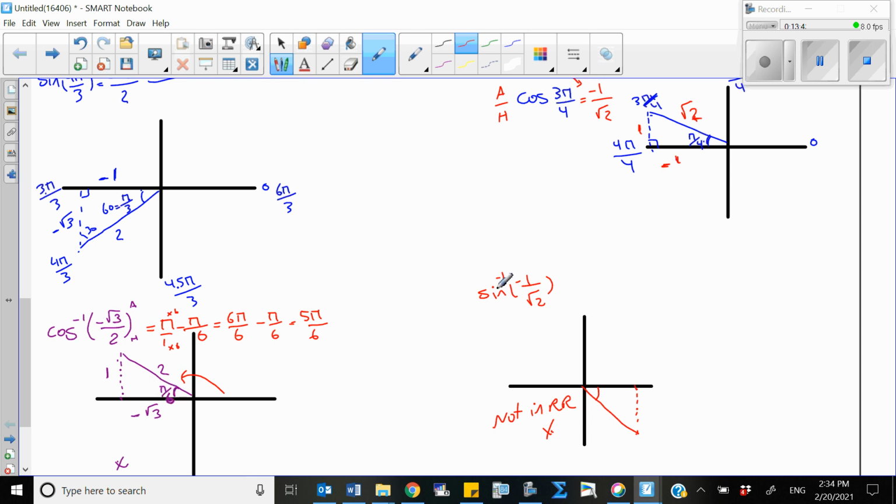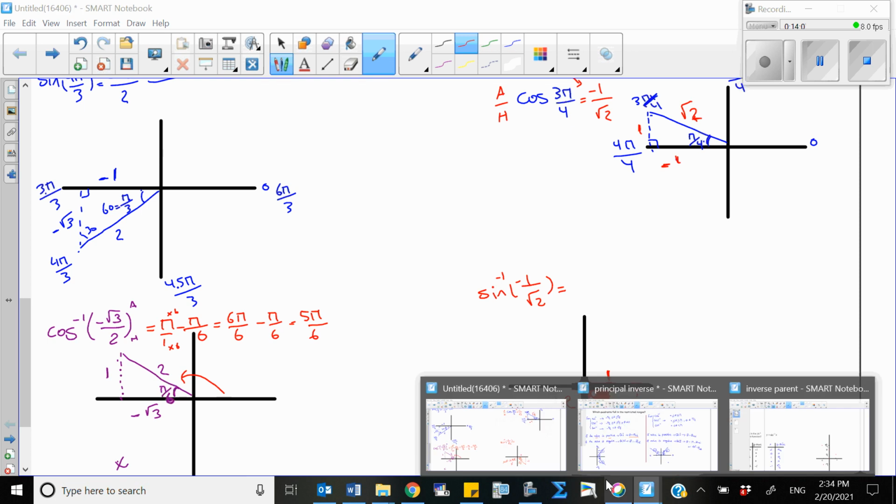Okay. Sine is opposite over hypotenuse. So opposite is -1, hypotenuse is root 2. Use the Pythagorean theorem, this side is 1. So the special right triangle of 45, 45, 90 is seen here. This is pi over 4. Now, we found the reference angle. What is my original answer? Let's go back here.